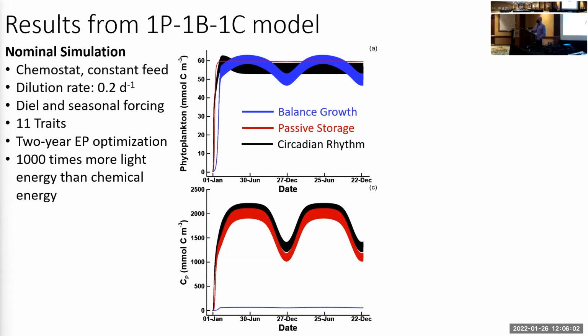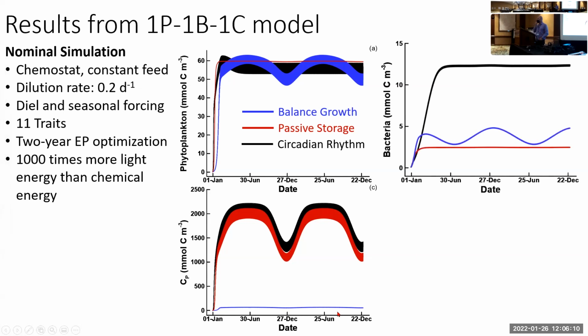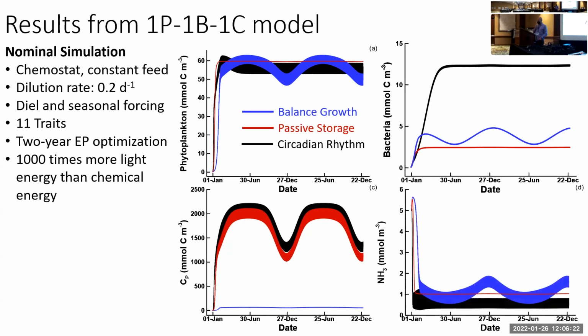If we look at the internal carbon store, this is that C sub P that was in those equations, you can see way down here is the one where you've now fixed the stoichiometry. And so the internal carbon store can accumulate, and as a consequence, it's very different from both the passive and circadian strategies. And then if you look at the residual nitrogen in the system, there are variations between the 3, but they're again fairly similar.